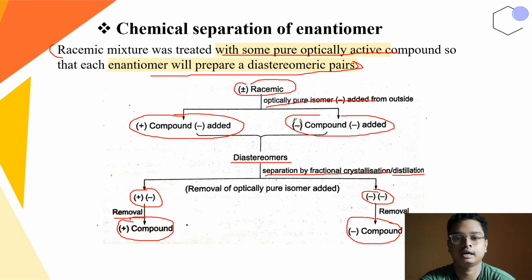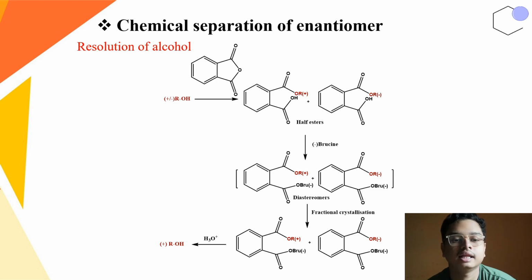Let us understand by a simple example, like resolution of an alcohol. So this is our alcohol, which has both enantiomers present. It will react with maleic anhydride to form half esters. So till now it is not forming diastereomers. Now we are adding brucine here, and brucine is the negative brucine, that is the optically active compound.